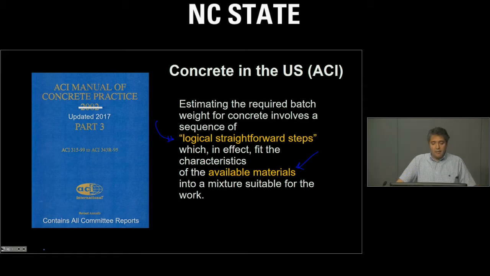Now, there are a lot of documents published, and they are revised every so often that provides a very comprehensive review of the process and practice of mixture proportioning. If you are interested, you can go to the website of American Concrete Institute, ACI, and access some of those documents and read a little bit further.